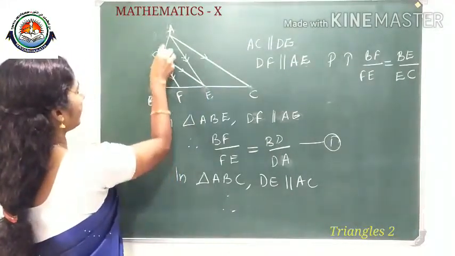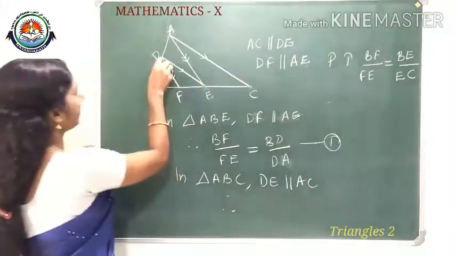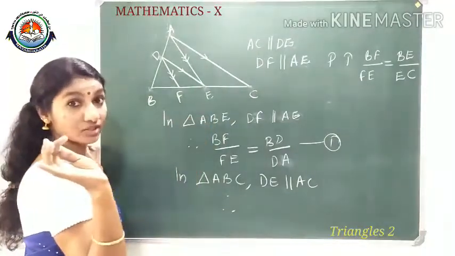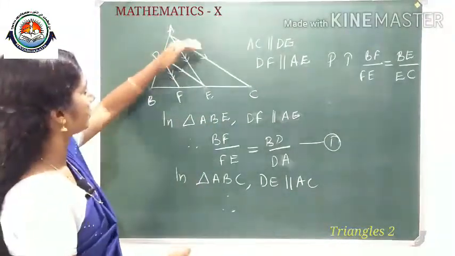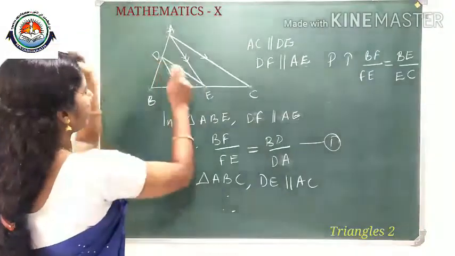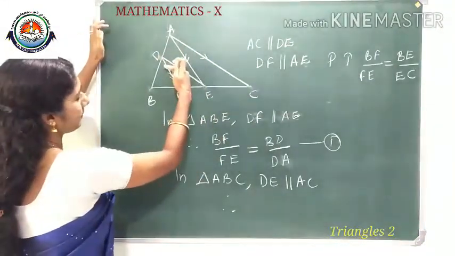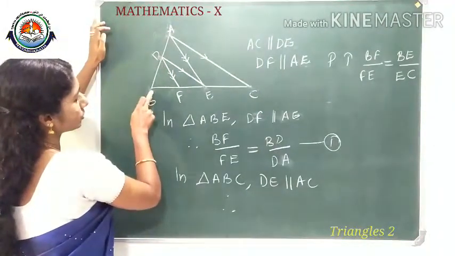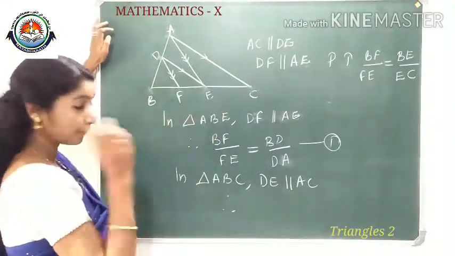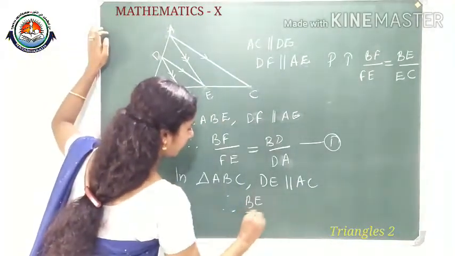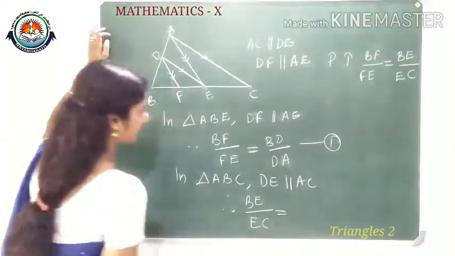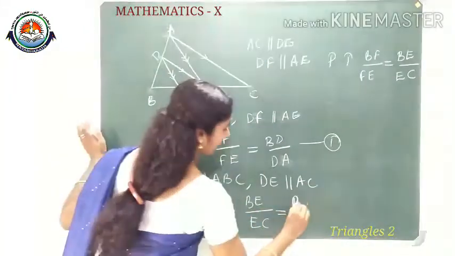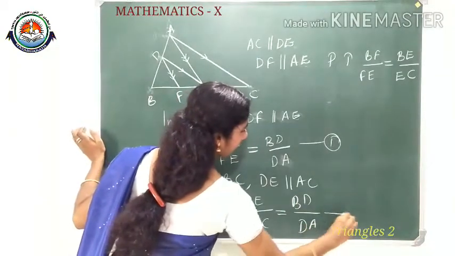So BD by DA is equal to BE by EC. Direct application of the basic proportionality theorem. So ABC, DE parallel to AC, so BD by DA is equal to BE by EC. So we can write BE by EC is equal to BD by DA. Equation number 2.